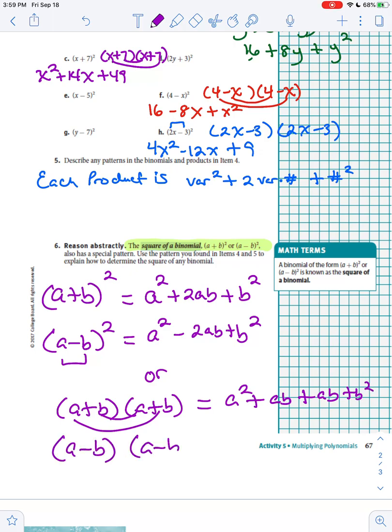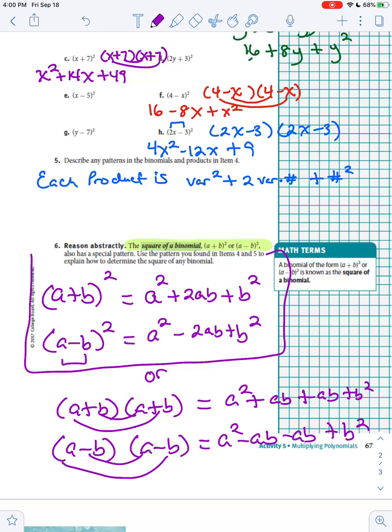Or if you have a minus b, same thing. Write it twice in FOIL. A times a is a squared. Outers is negative ab. Inners is also negative ab, which is better than saying ba. We just try to keep it the same. And then negative b times negative b, still positive b squared. Okay, so if you recognize the patterns, great.